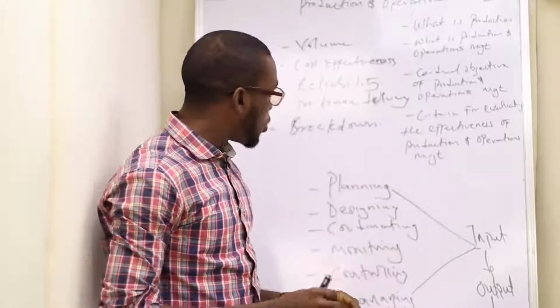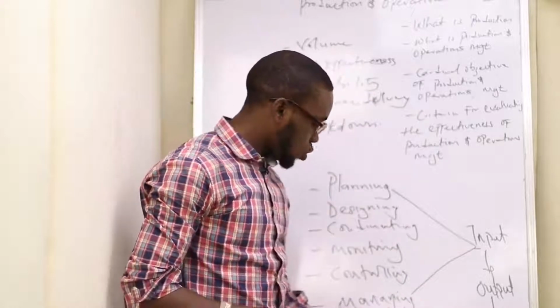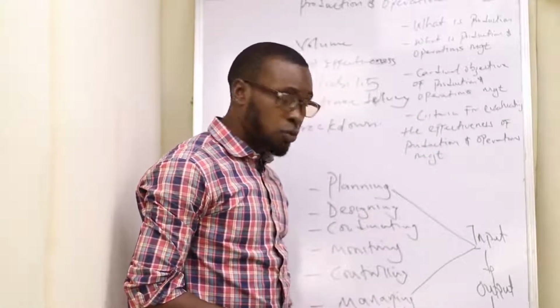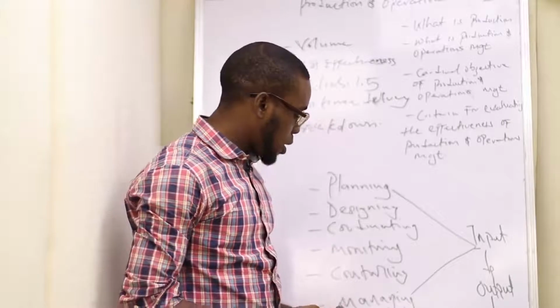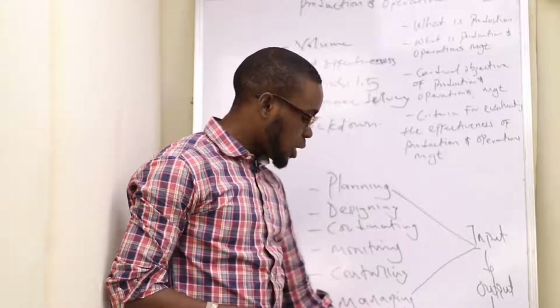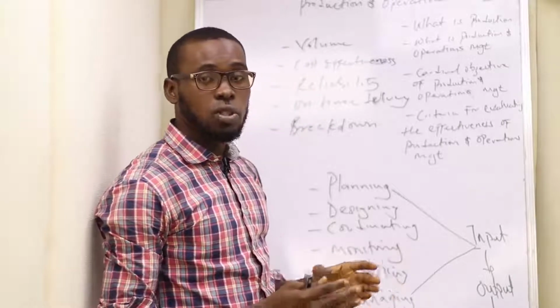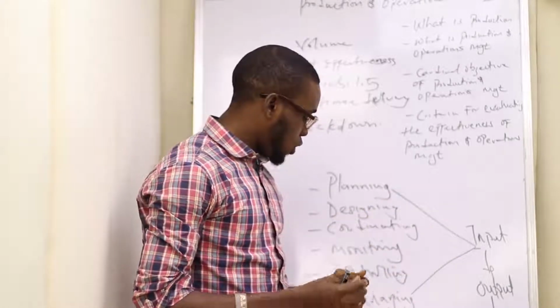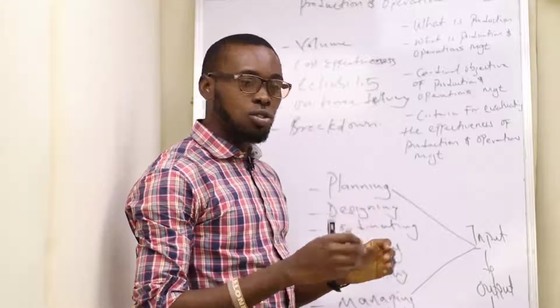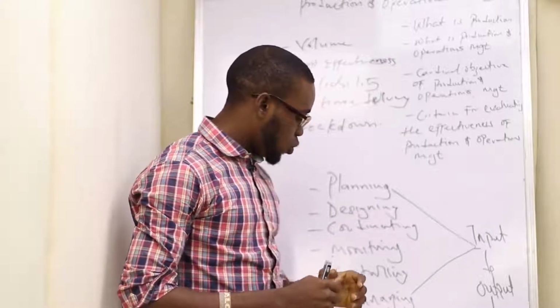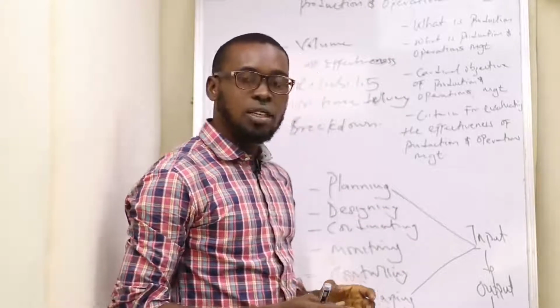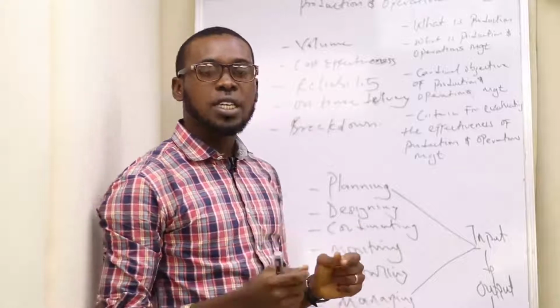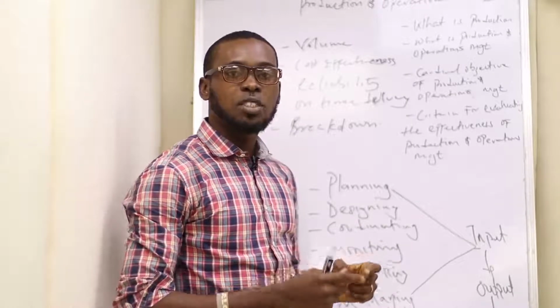So in summary of this introductory aspect of production, we can review some past questions on this aspect. Now, some past questions you see, especially the recent ones, 2015, 2016, 17, 18. You see basically in their number one section, they will ask you to state the criteria for evaluating an effective operations management system.